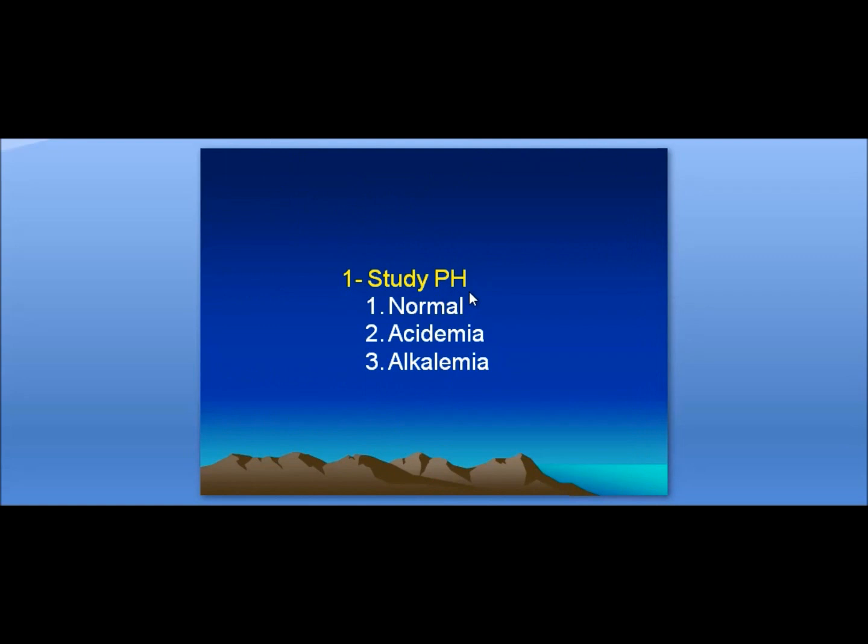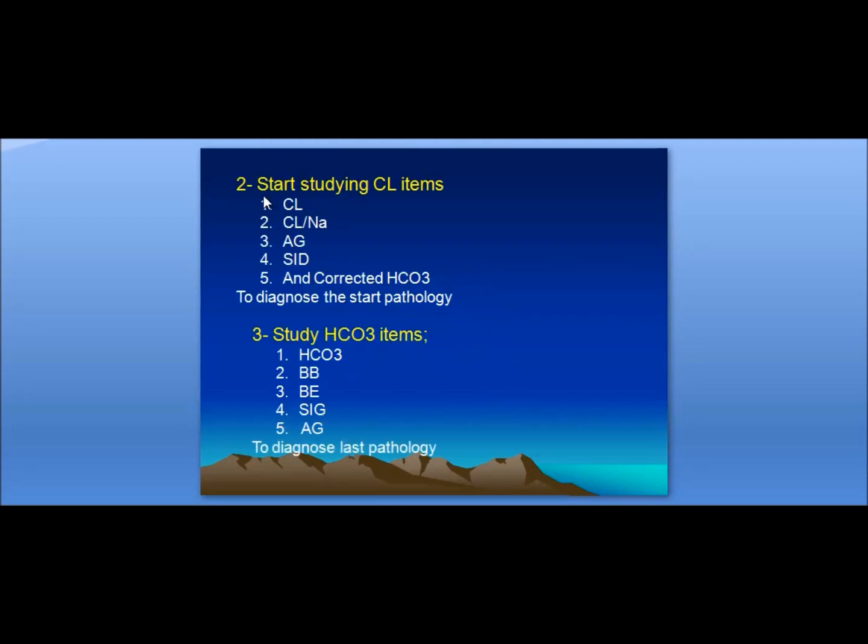To study the pH, for sure, see whether it is normal, acidemia, or alkalemia. Start studying the chloride items. Number 2, as I've mentioned before, serum chloride, chloride sodium ratio, anion gap, strong ion differences, and corrected bicarbonate.